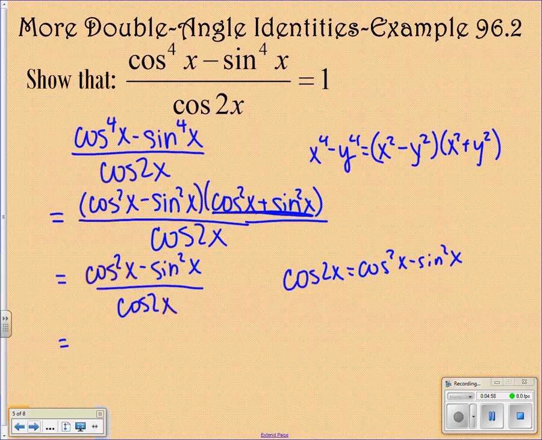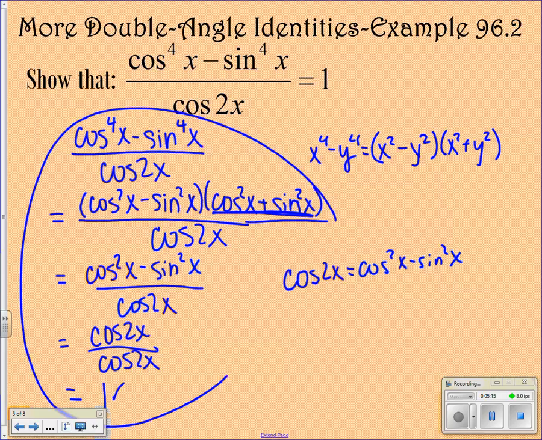So you can replace either one with the other. I'm going to replace the numerator with cosine of 2x. But you could replace the denominator with cosine squared minus sine squared. But either way, they're going to reduce to a 1. And so that would be your answer because that's what they give you on the right side. And so all of this would be your work.